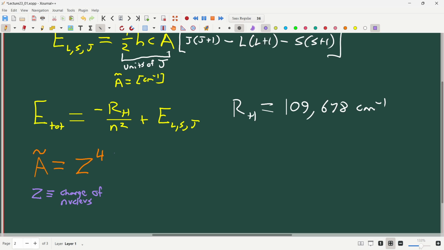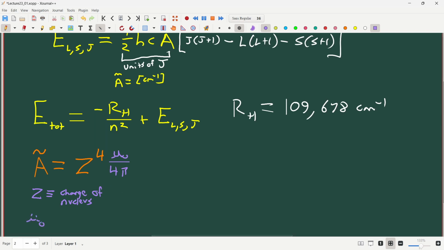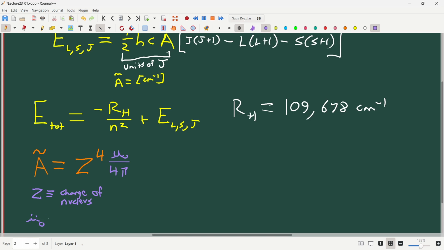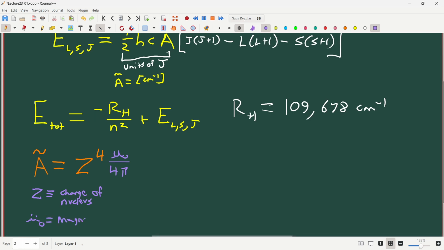And then there's this number mu naught over 4 pi. This is what's called the magnetic constant. It's just a number. I'll put all these together into a final constant in just a second. It tells you how much magnetic field a single electron generates.